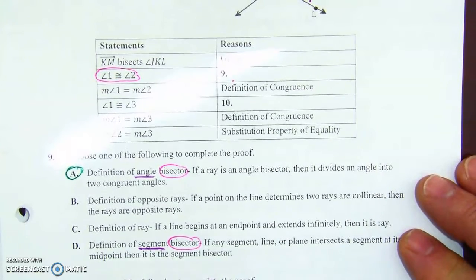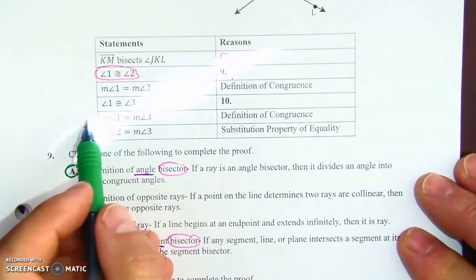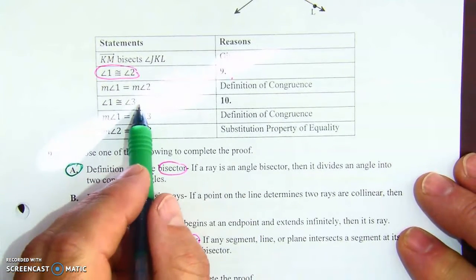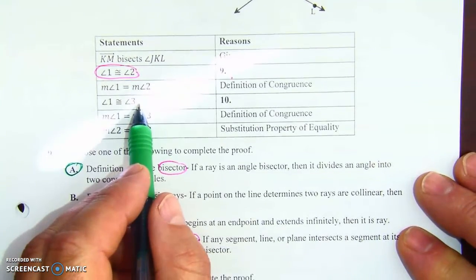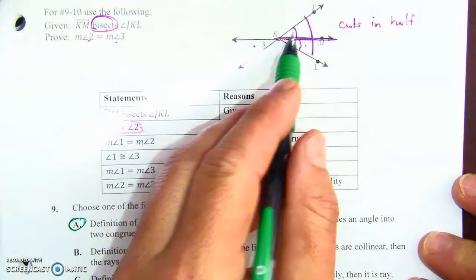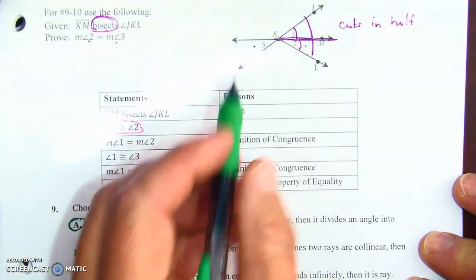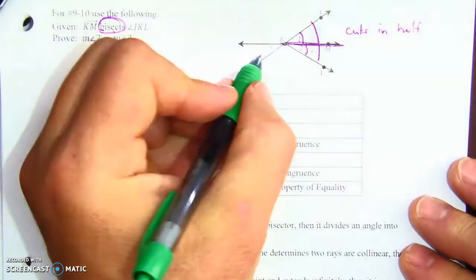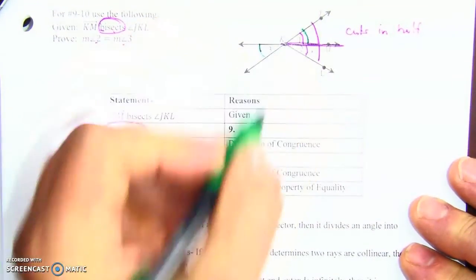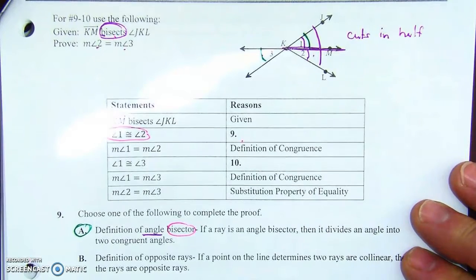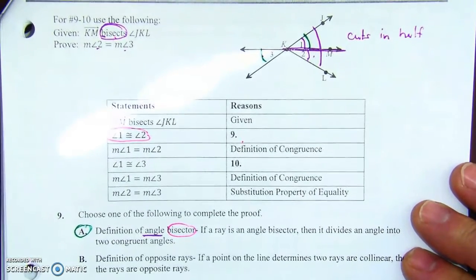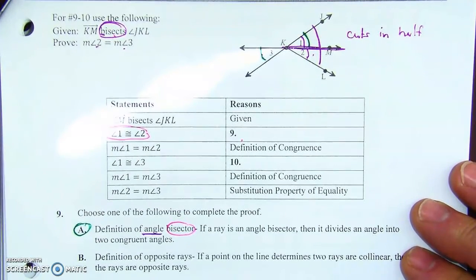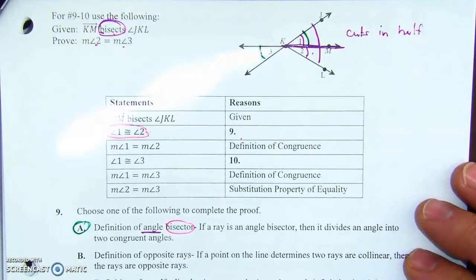Okay. Now, going back up to our proof again, it says that angle 1 and angle 3 are congruent to each other. And as we look at this and we go back from a previous question that we just talked about, what do you notice about those? They're opposite of each other. What's that word that we use a lot that has to do with anything? Starts with a V. Okay.